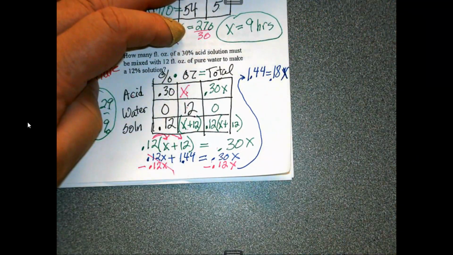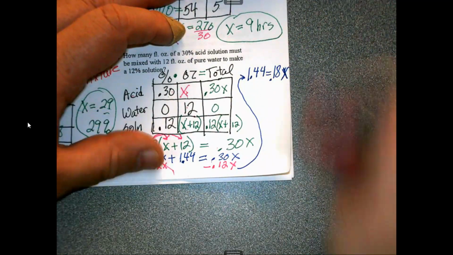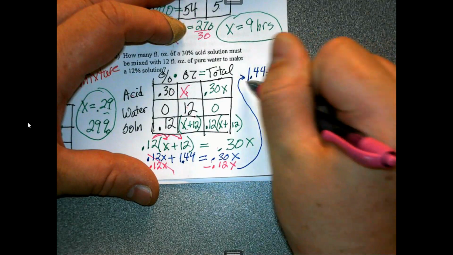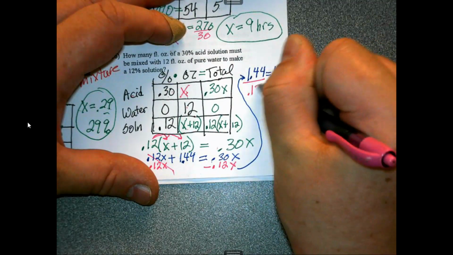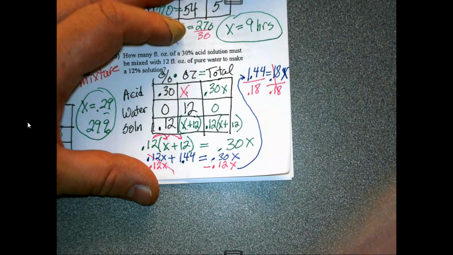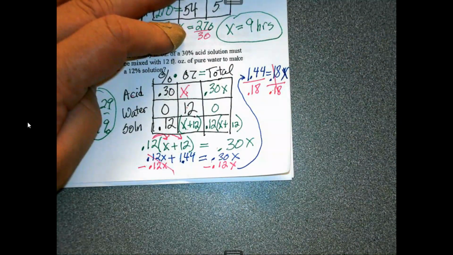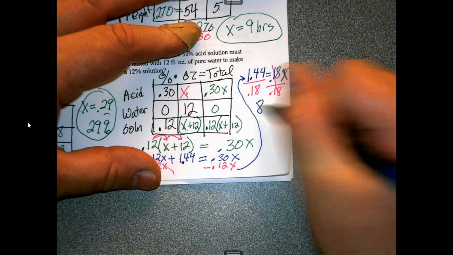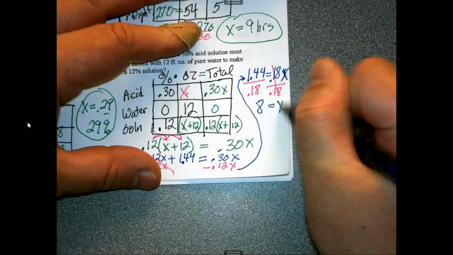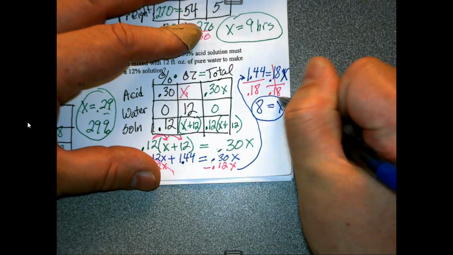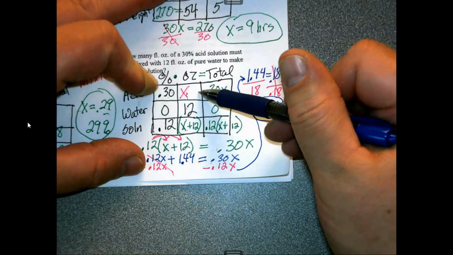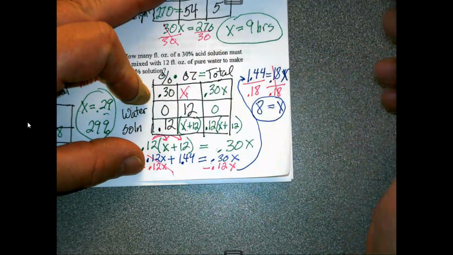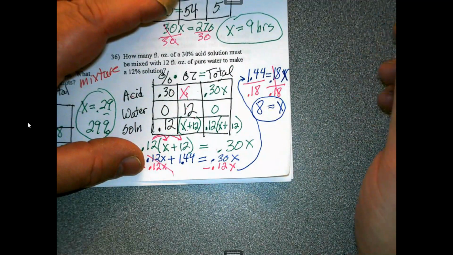Then I have to divide both sides by 0.18. What is it? 8 ounces? Yep. And it makes sense. Okay. We need just a little bit less than 12 because it has 30% solution.